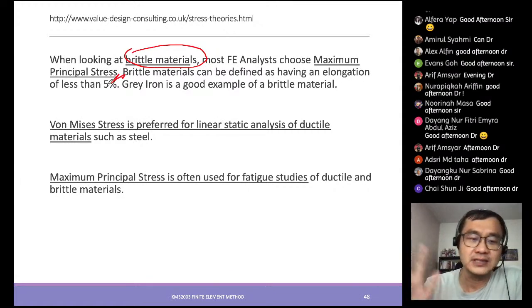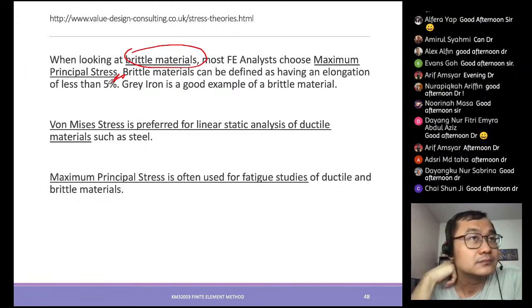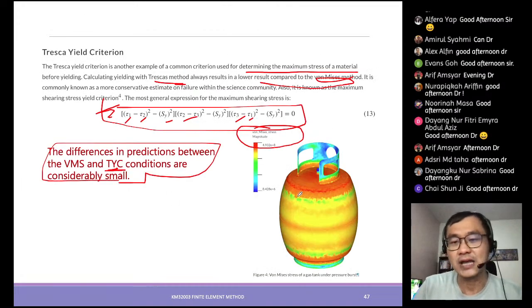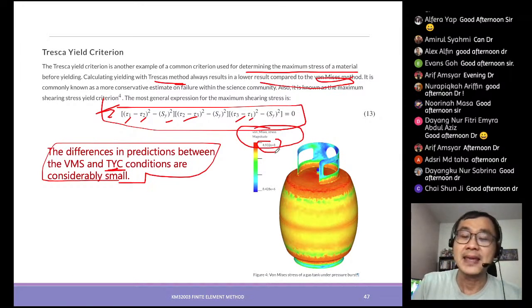So it very much depends on the type of criterion that you use to evaluate the problem. Let's say you have this problem, and the maximum is 493 to the power of 8, meaning this is 49 megapascal.